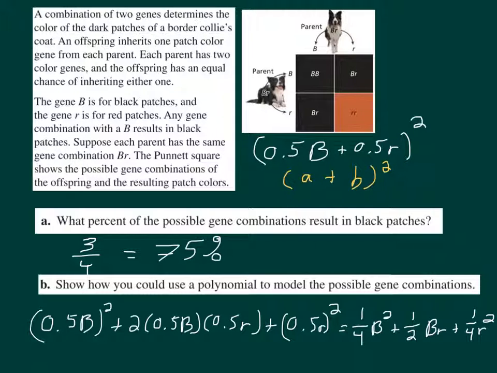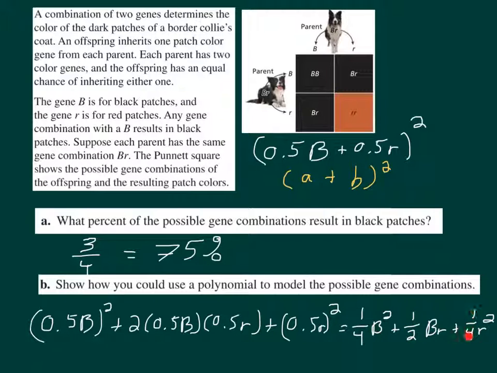Now what you might notice is the coefficients actually correspond to the gene combinations in our Punnett square. 1 out of 4 is b squared, or BB, this one right here. 1/2 is BR. Well, these BRs here represent 2 out of the 4 possible combinations, and 2 out of 4 reduces to 1/2.